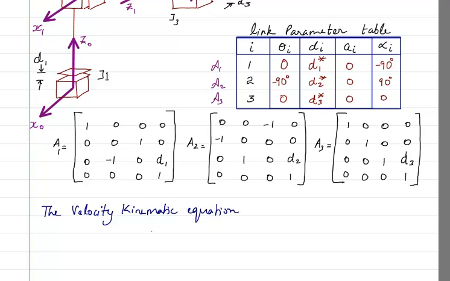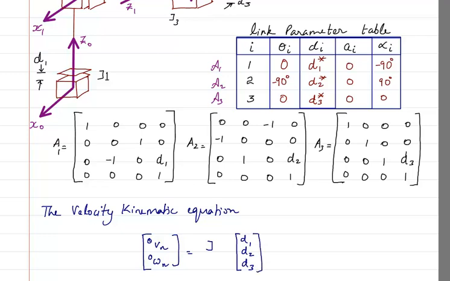basically written in the form 0Vn, 0omega n, that is equal to the J matrix, and then here we have 3 joints, so I will write d1, d2 and d3.